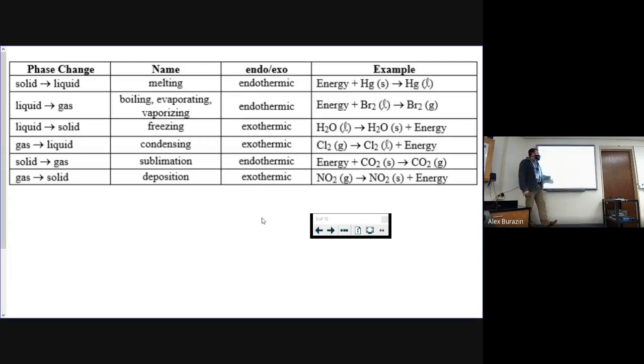The bottom 2 are the weird ones. Okay, we really won't look at those too often, because that's when we go from solid to gas or gas to solid. We'll deal with the more logical, normal ones up above. Okay, but that's there for you too.